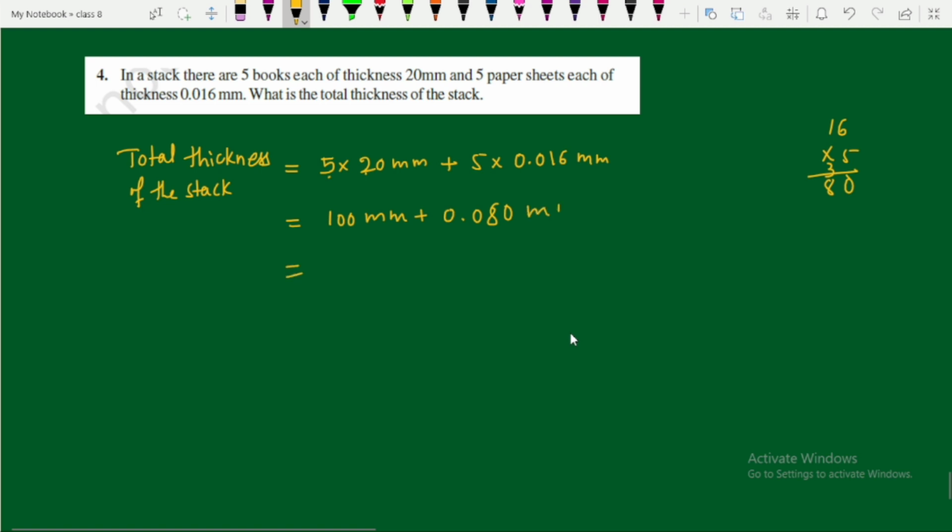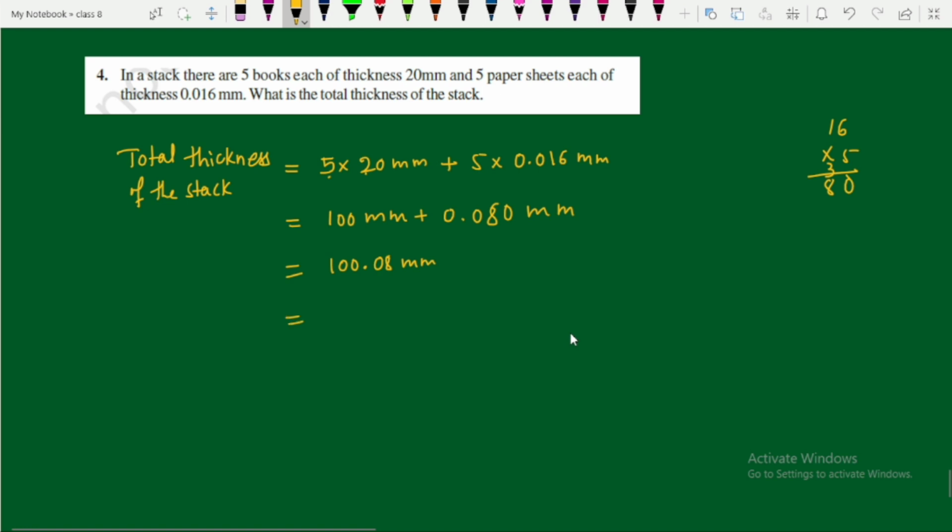Now we can add these two: 100 plus 0.080, which means 0.08, millimeter.